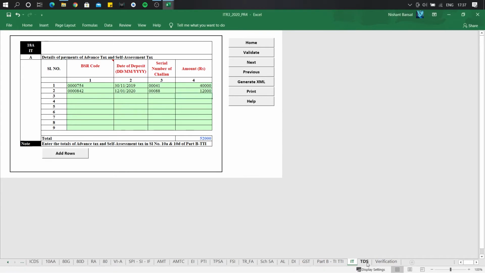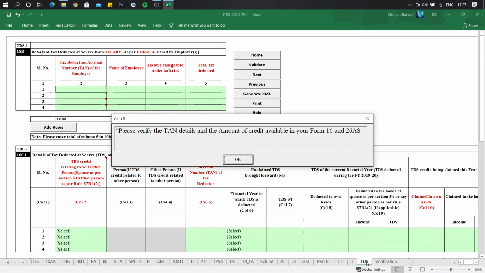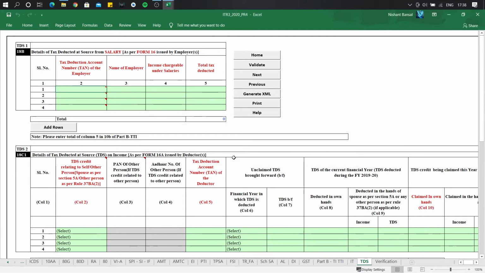TDS is right next to it. Okay, so information regarding TDS is given. The TDS has been deducted by the tenant and by the bank.